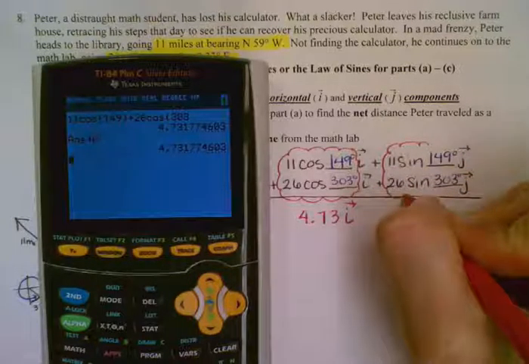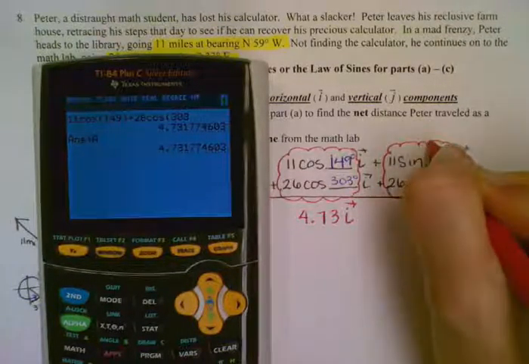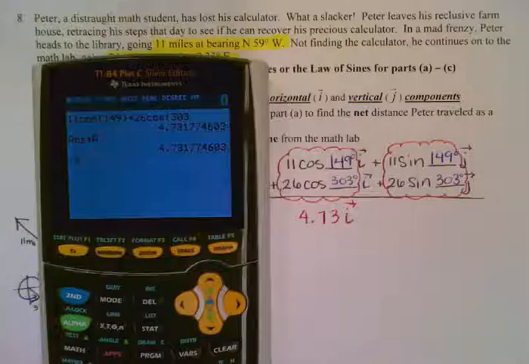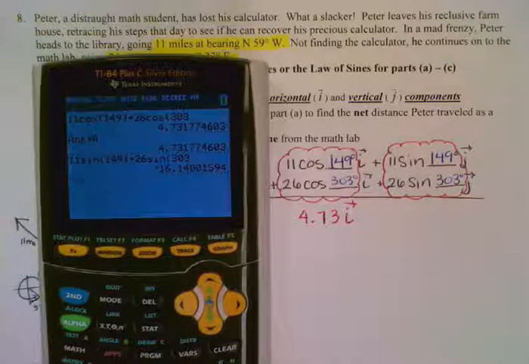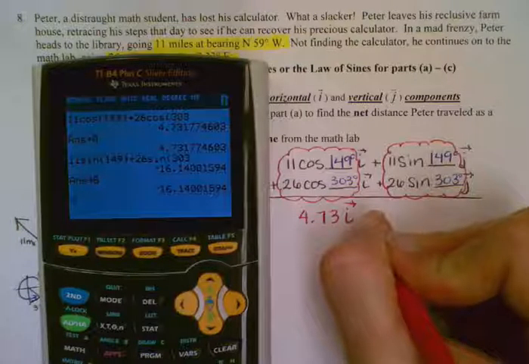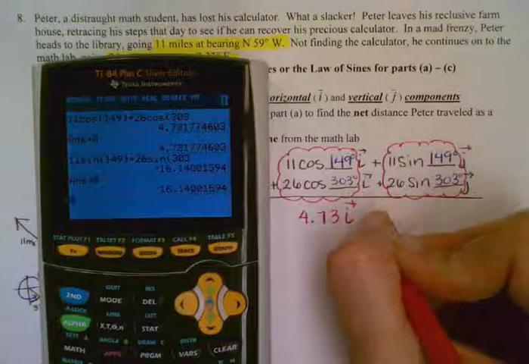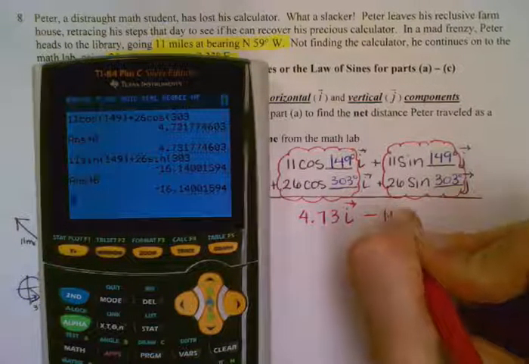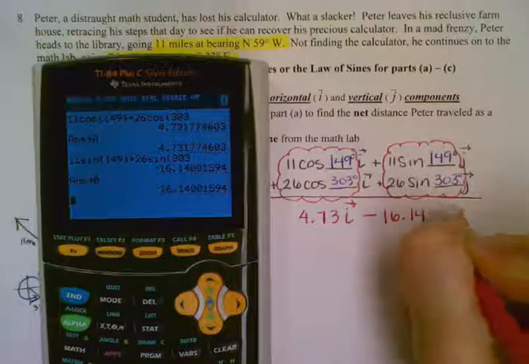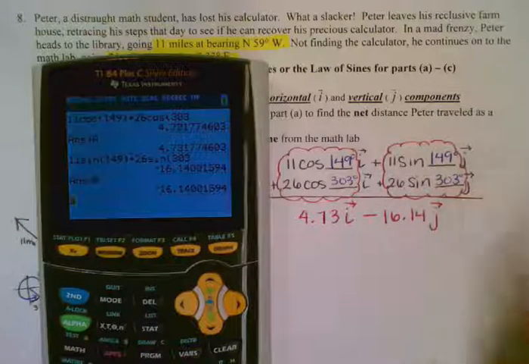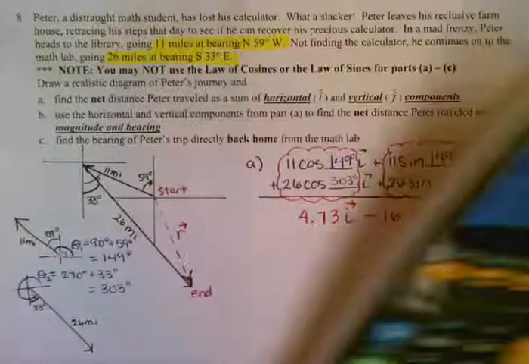And you can either recall the last thing entered. This one, it's not that much to type it in. Just make sure that you're changing your cosines to sine. Okay, don't forget to store your value. And you can either say plus the negative or just minus 16.14 times j for the vertical.